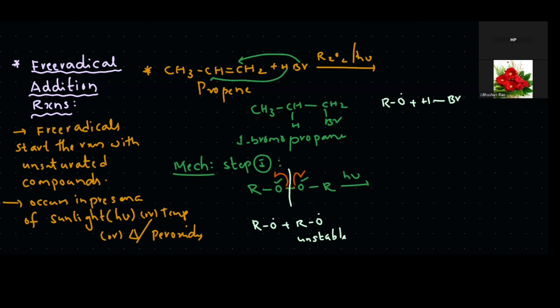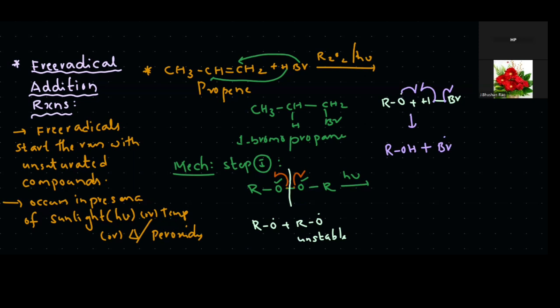The unstable alkoxy radical attracts the proton, and the electron moves towards the alkoxy free radical. Now this converts into ROH plus Br free radical. This is the further condition. Next, the Br free radical reacts with the alkene, the propene molecule.